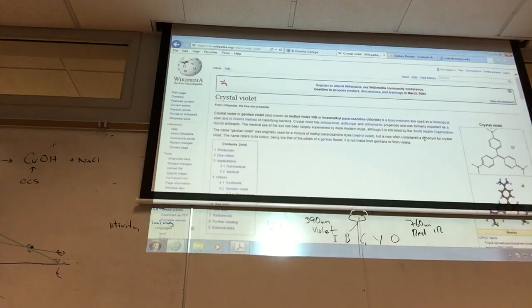We want to see how it reacts. So we're going to have to take data over time to see if the reaction is getting slower over time or if the reaction is steady over time.